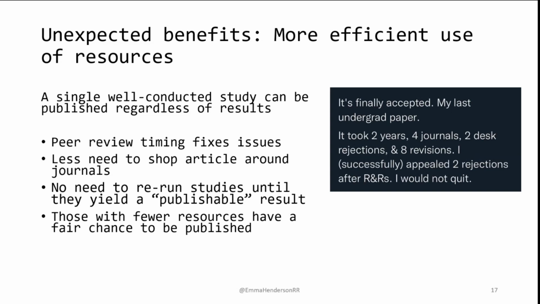But if you think about all of the time and all of the resources that it took for that one paper to get published, I mean, going to 4 journals, think about how many reviewers that was, all the editors' time. And this is also our time, right? Because we are these reviewers, we are these editors, just with different hats on. So registered reports can help reduce this because of the fact that flaws can be fixed earlier.